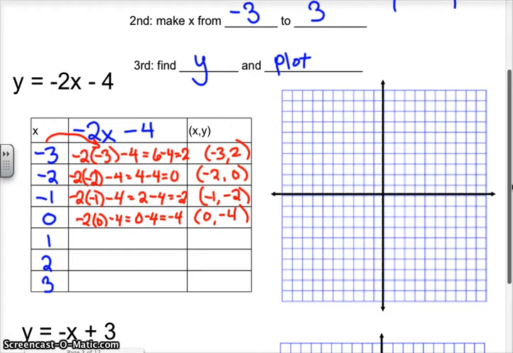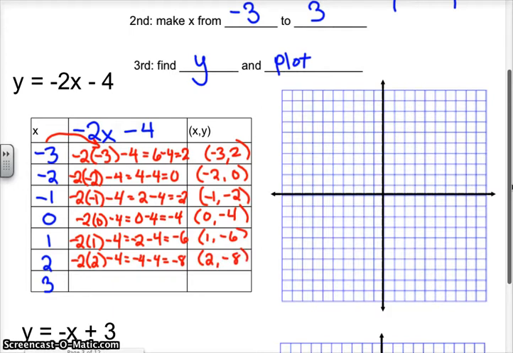That's good. Now I just continue plugging in. -2 times 1 minus 4, -2 minus 4. There's my -6. -2 times 2 minus 4, -4 minus 4, negative 8.